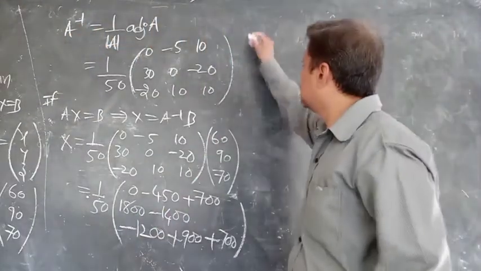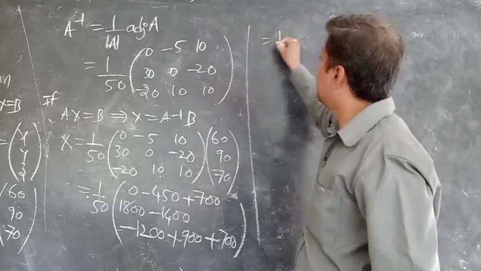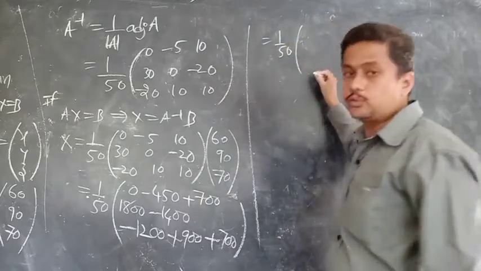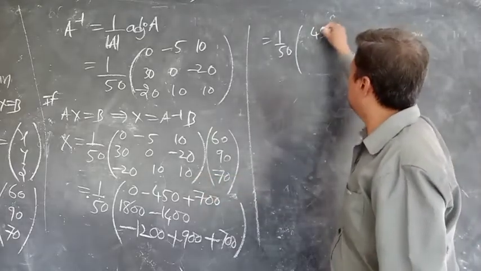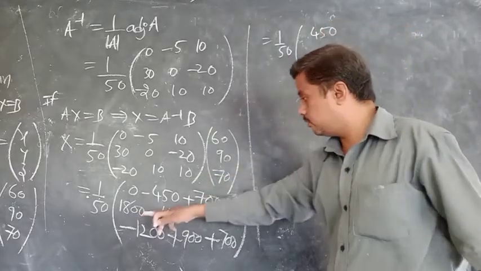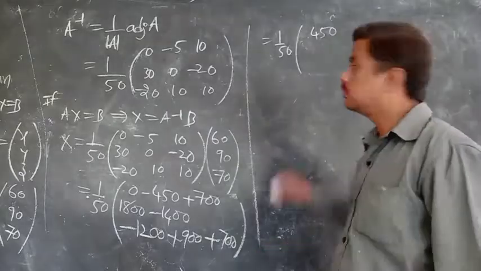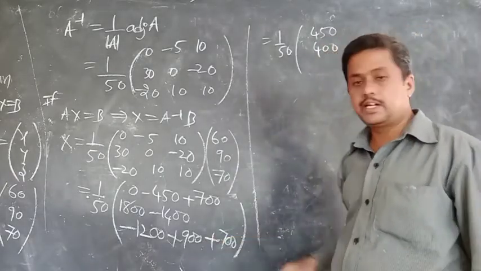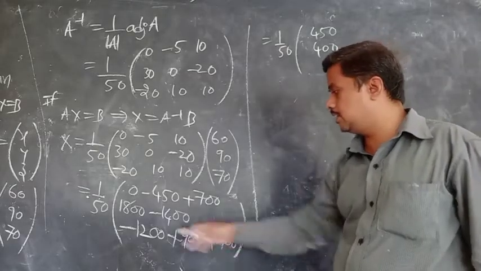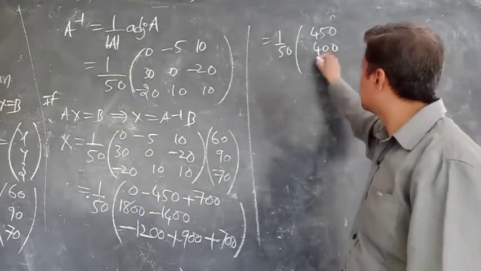So this is the 1 by 50 into, okay, 700 minus 450. So 450. 18 minus 14, no. So 400. This one 900 plus 700 is what? 1600. 1600 minus 1200. So 400.